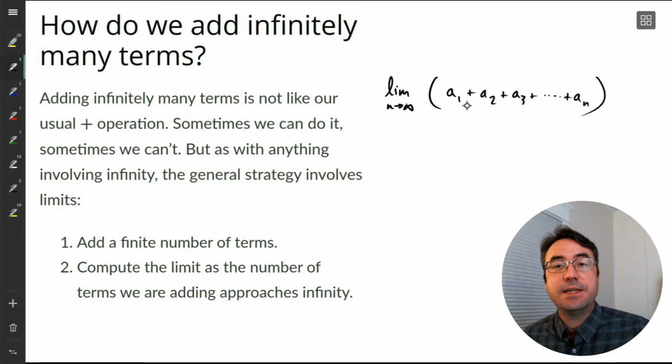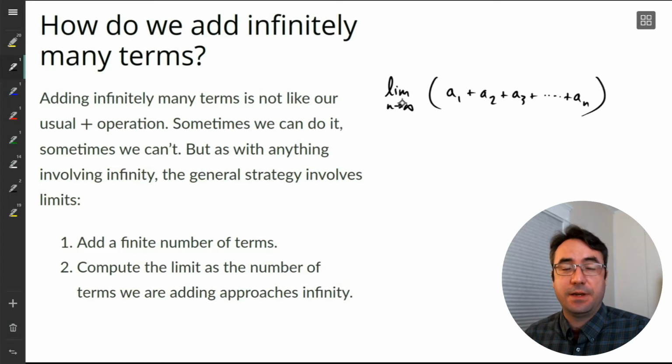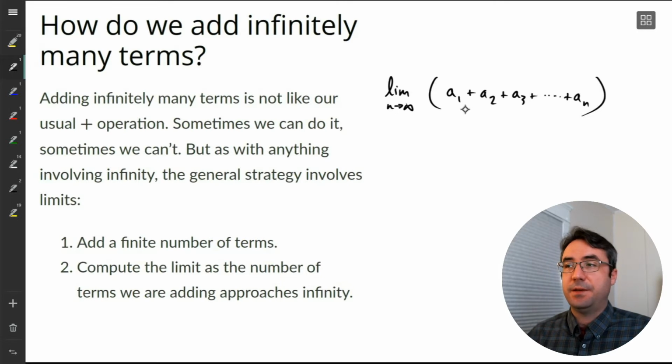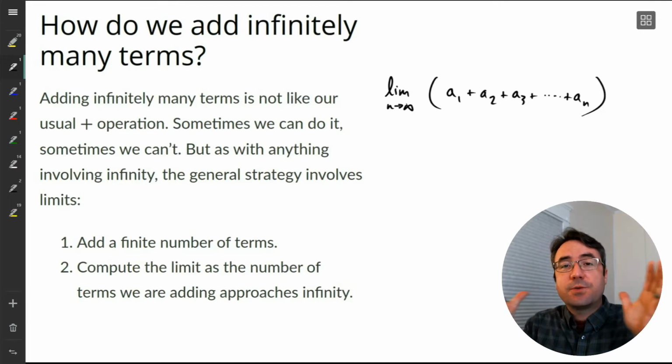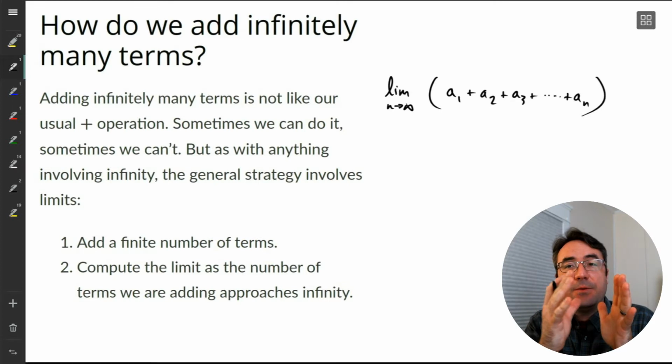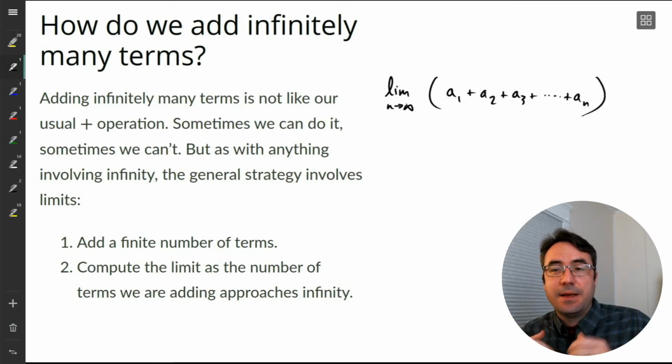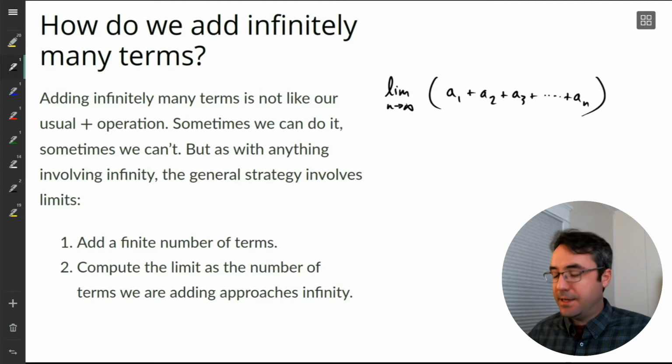We've seen this idea before, where we first do something in the finite case, and then we let n go to infinity. We've seen it with improper integrals. We would take an improper integral where we were trying to integrate up to infinity, and what would we do? Well, we'd shrink it down to the finite case, and then we'd extend the interval out to infinity by doing a limit.